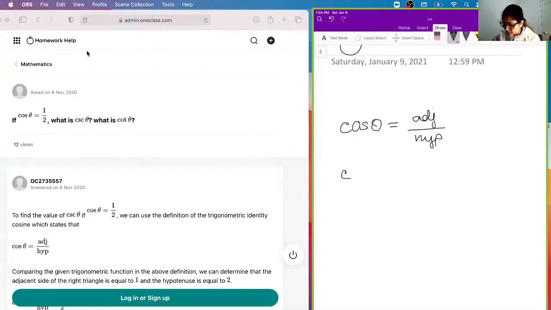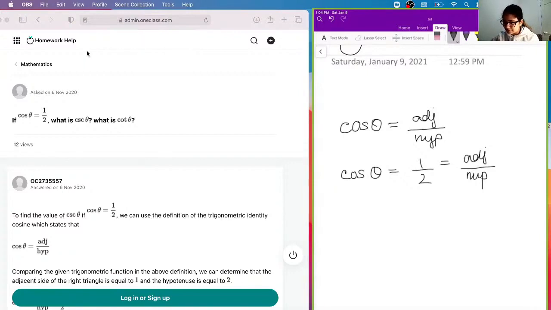Since cos of theta is equal to a half, 1 is our adjacent side and 2 is our hypotenuse.